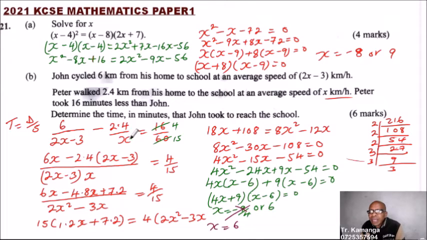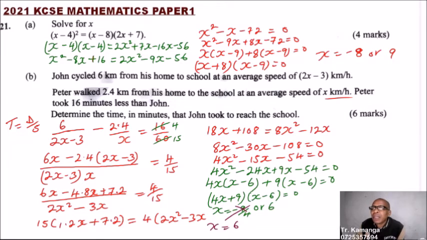So once you get x is equal to 6, the question is to determine the time in minutes that John took to reach the school. So we can now say the time John took to reach the school. Remember, time for John, that is 6 divided by, we have found that x is equal to 6. So 12 minus 3 is 9, you simplify here, by 3 is 2, by 3 is 3, is equal to 2/3 of an hour.